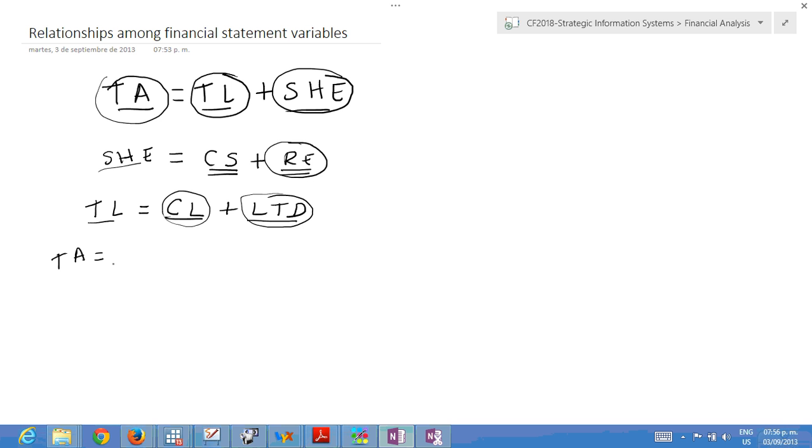Total assets are composed of cash, the most liquid asset, plus accounts receivable, which is the money that the customers owe to the company, plus inventory, the book value of all the products that have not been sold yet, plus gross plant and equipment, which is part of the fixed assets, and plus depreciation.